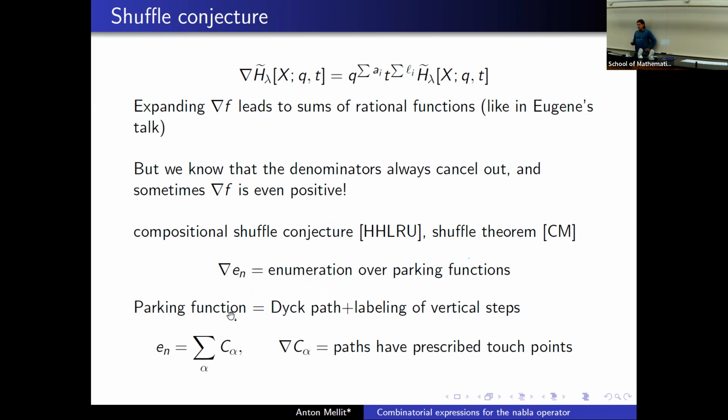And in fact, this is a compositional shuffle conjecture, which means that there is a certain refinement. It turns out that the elementary symmetric function is a sum over all compositions of these Hall-Littlewoods, and nabla applied to each Hall-Littlewood is positive and given by paths having prescribed touch points. So if you remember what I was saying before, it precisely fits the framework.